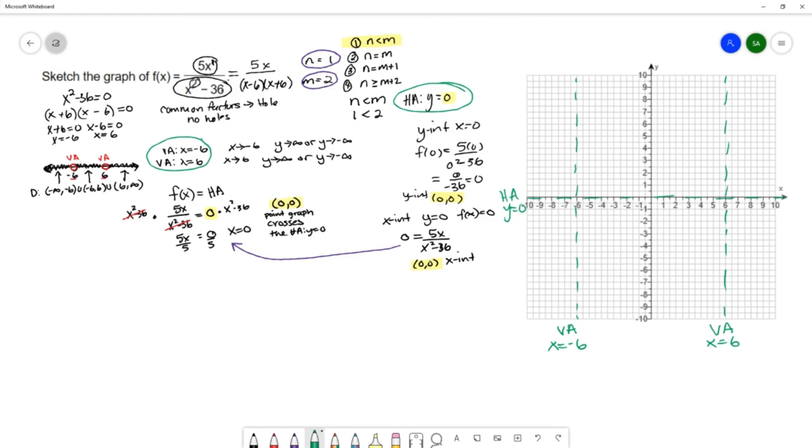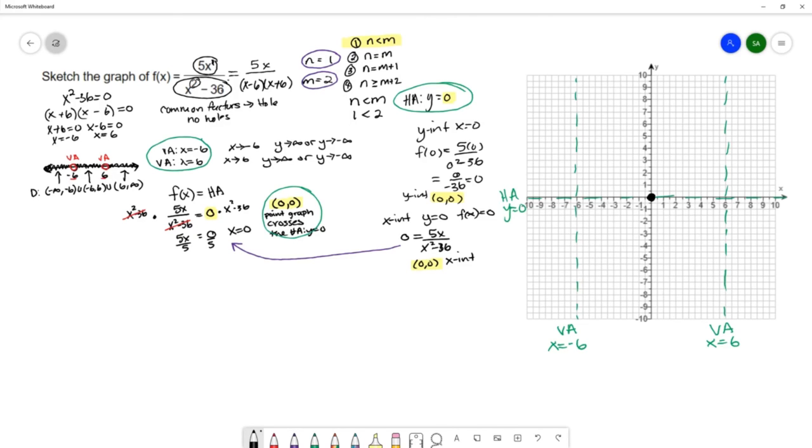We also have found this ordered pair 0, 0 is a special point. It is the point where the graph crosses the horizontal asymptote, it is also the x-intercept and the y-intercept.